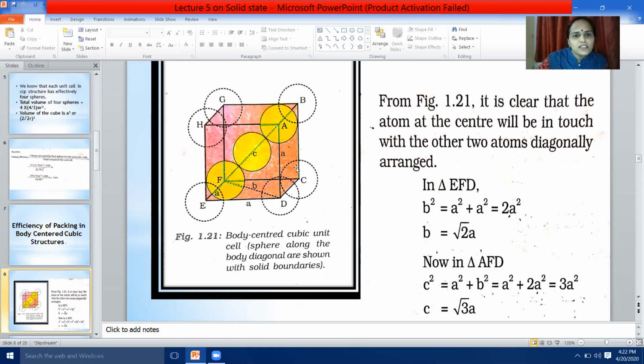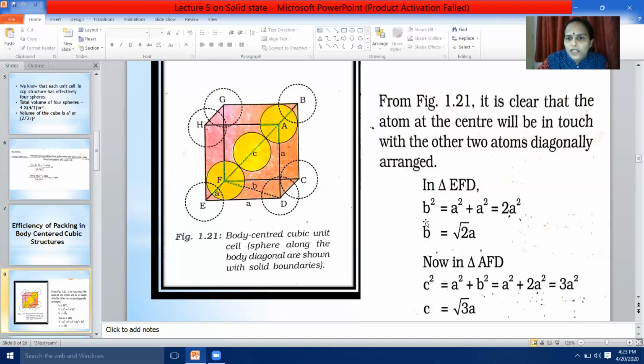Now look at another triangle, triangle AFD, in which AD is a, FD is b, and AF is c. Again, we apply the Pythagoras theorem. AF square, that is c square, equals a square plus b square.